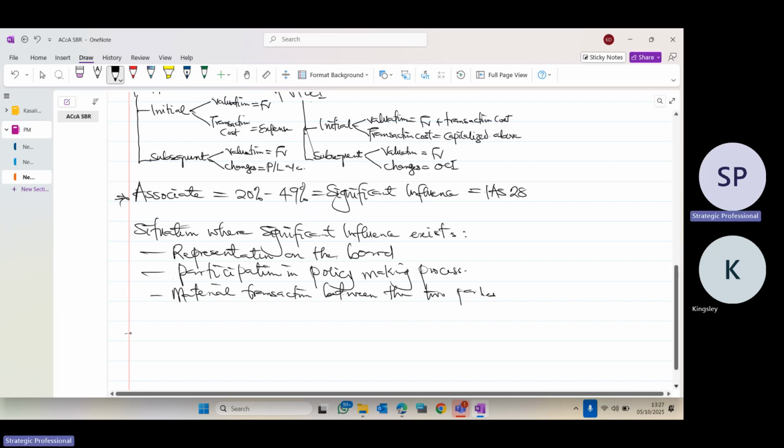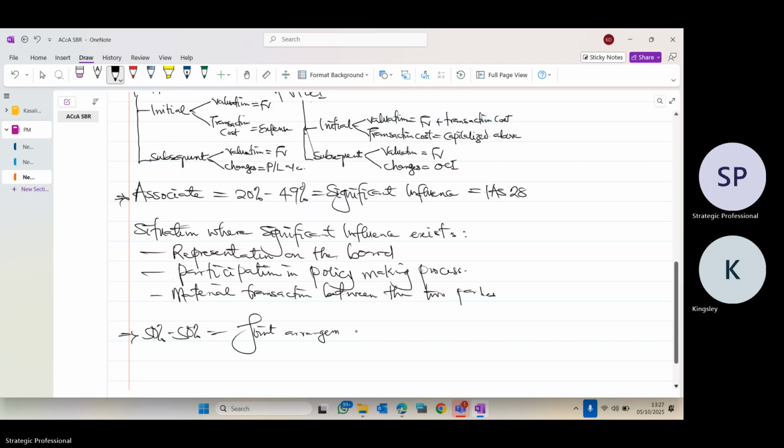The other one is where we have 50% by 50%. That is called joint arrangement. A joint arrangement is actually where two people agree to come together to pivot a business towards the same aim.